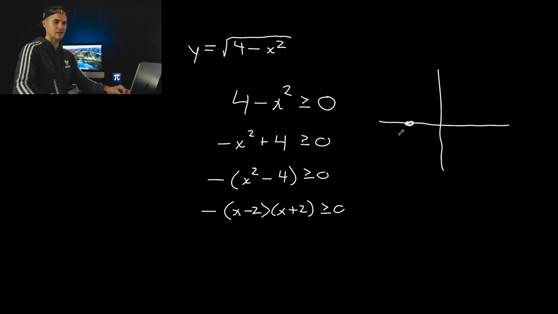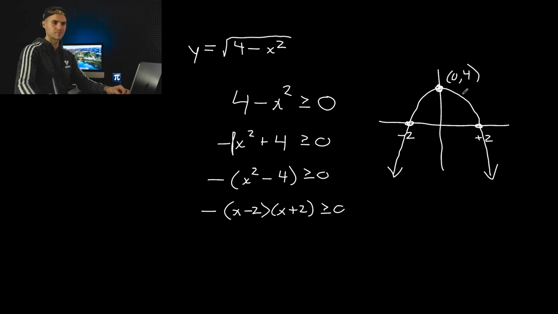It's going to be -2 and +2 from these factors here, but the a value is -1, so this quadratic is actually opening downwards like that. All right, axis of symmetry is still at 0. The vertex would be here at (0, 4), versus the other one, which was opening upwards, and the vertex was at (0, -4). But this one is opening downwards right here.